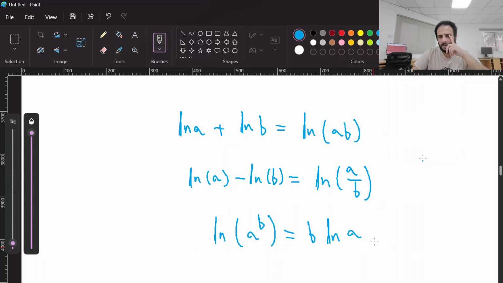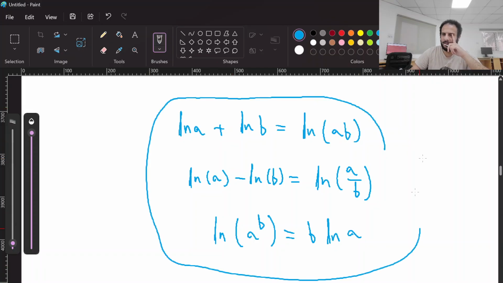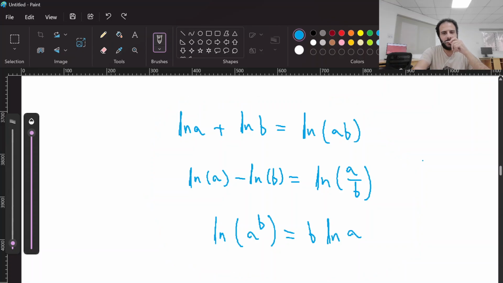Now let me ask you, are these correct like this? No, there is a problem. For the first one, I need to tell you that a is greater than 0 and b is greater than 0. For the second one, same idea. What about the third one?